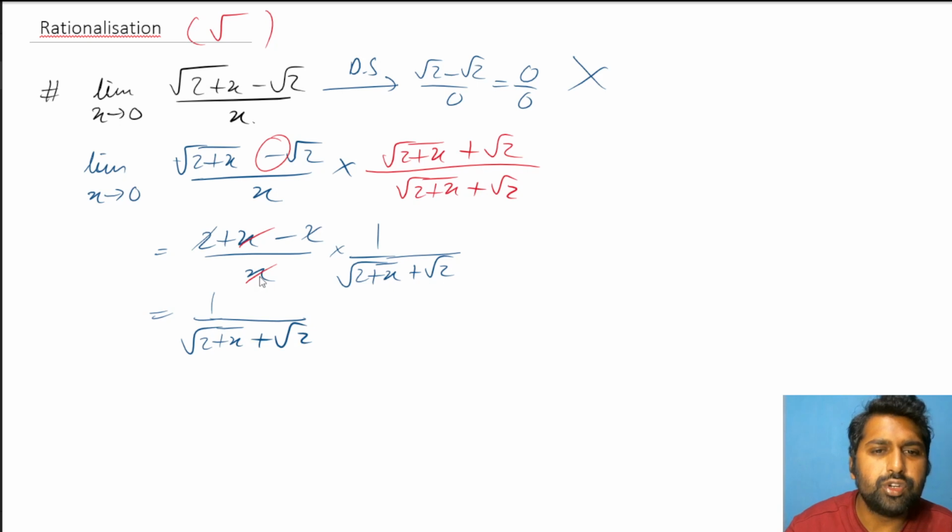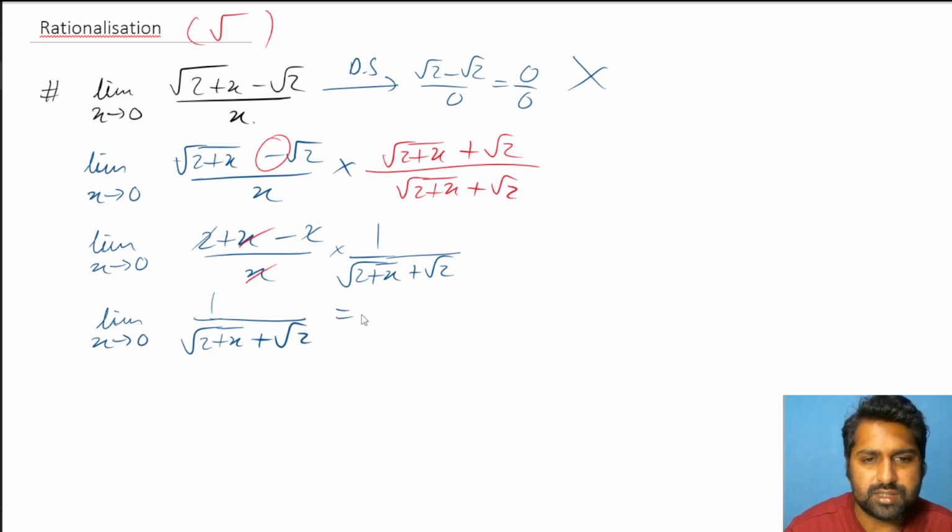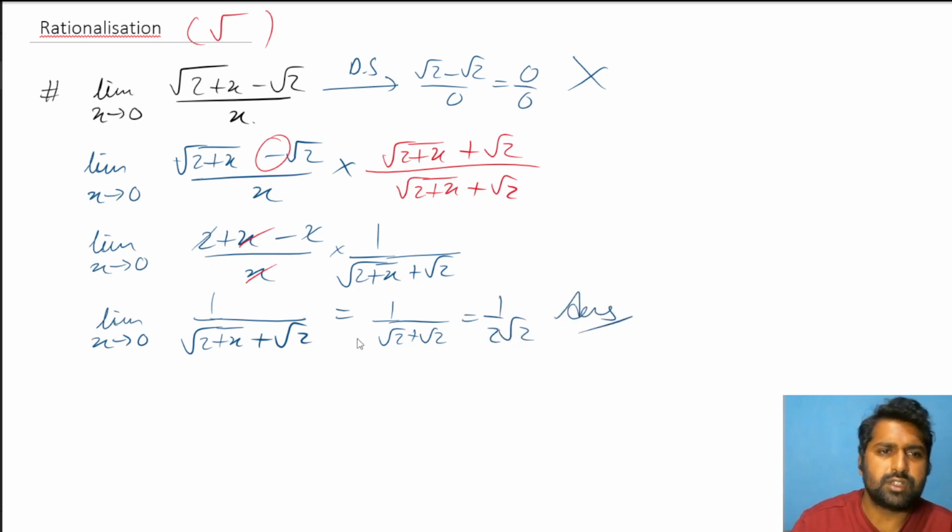And the moment numerator and denominator something gets cancelled, we know after that direct substitution works. It's a good thing. Now limit x tends to 0 will work. So let's put 0. So 1 upon root 2 plus root 2, that is 1 upon 2 root 2. Yes, that's the limit of this function.